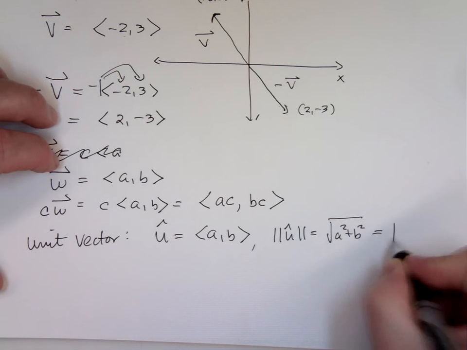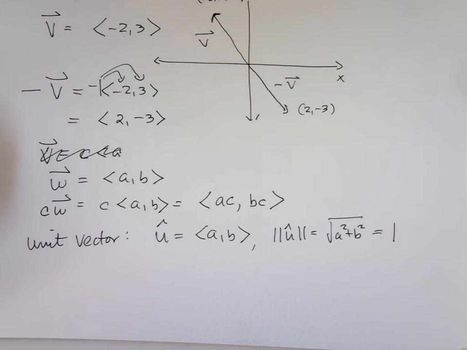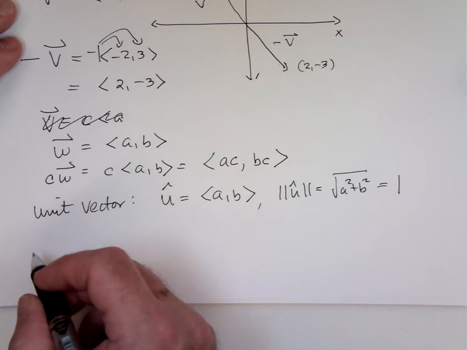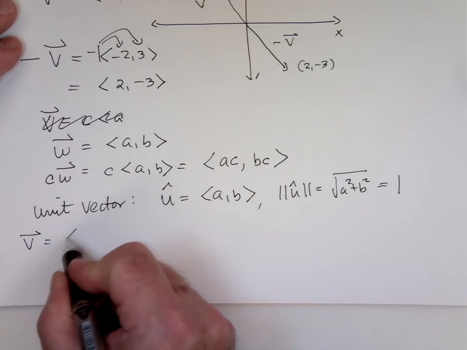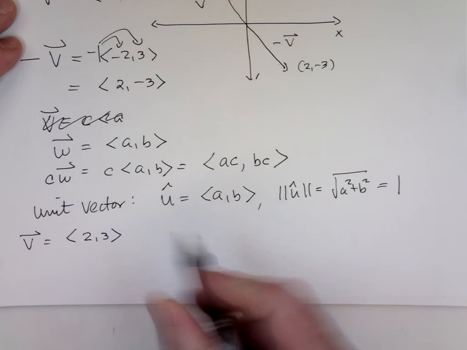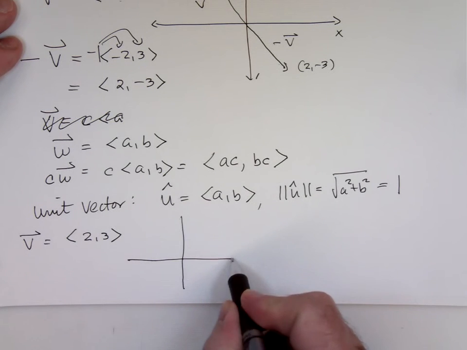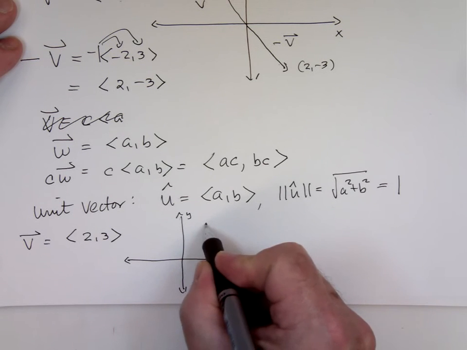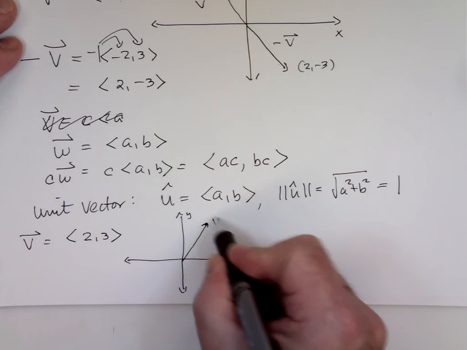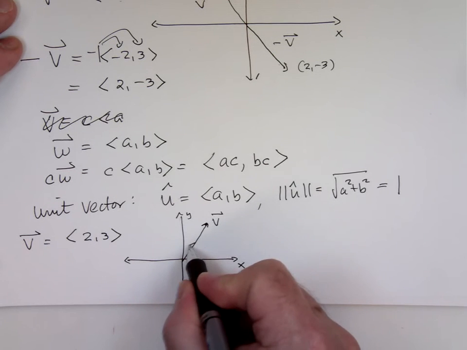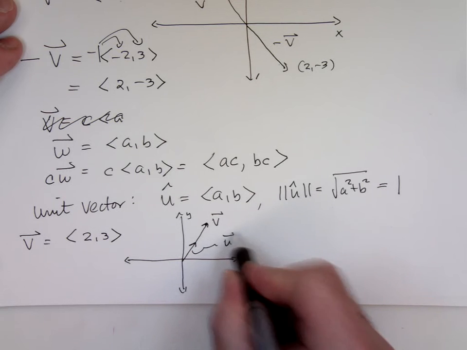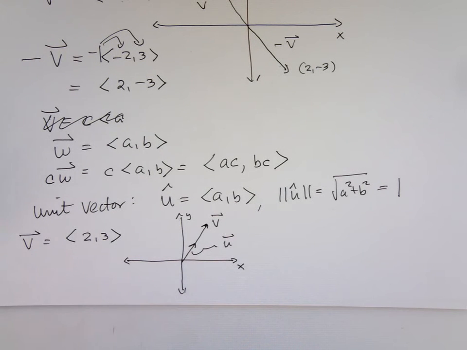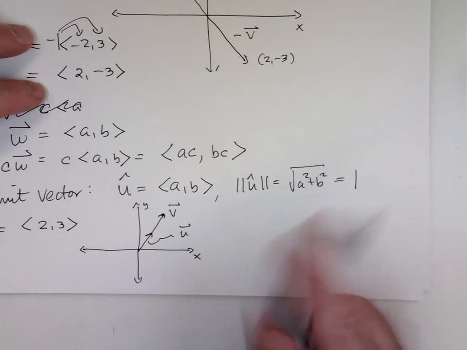So if we have some vector and we want a vector in the same direction but having length 1, for example, let's say v is equal to (2, 3). This is vector v. But what we want is a unit vector in the same direction as v, but having length 1.